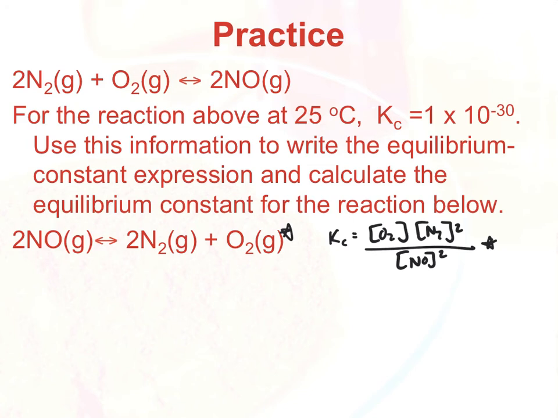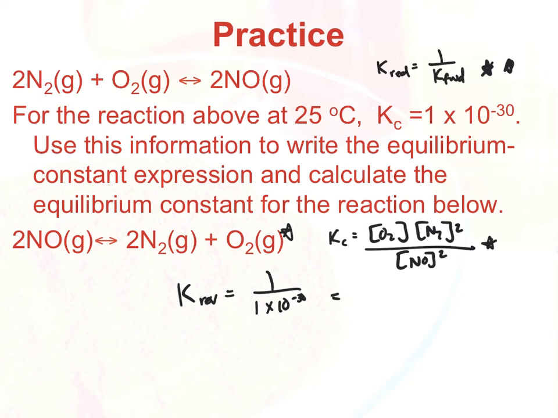So what we're going to have to do instead is utilize the relationship between the reverse process and our knowledge of how the forward and reverse processes are related. Okay, so we're going to use this relationship here. In order to find the equilibrium constant for the reverse process, we're going to plug in our forward equilibrium constant into the equation here.